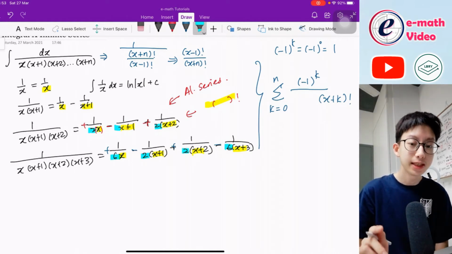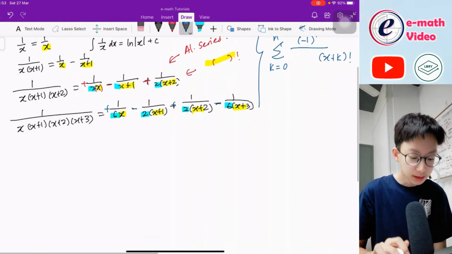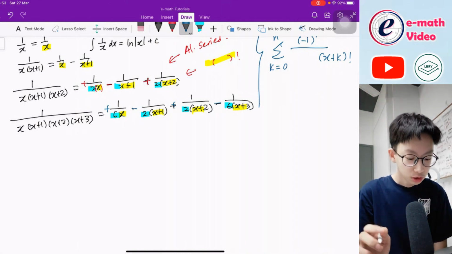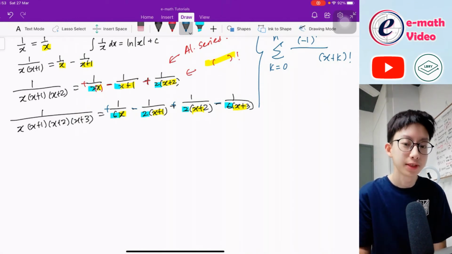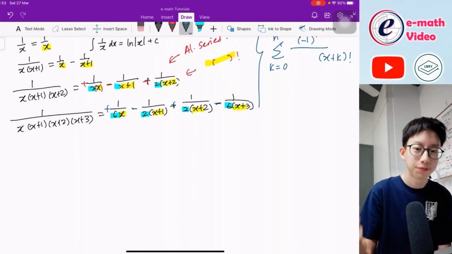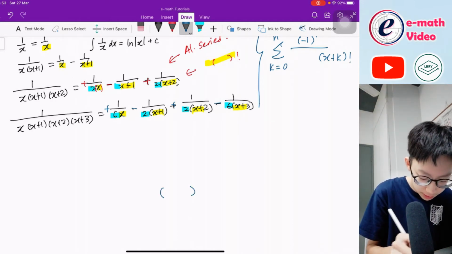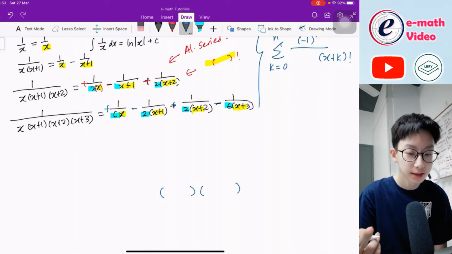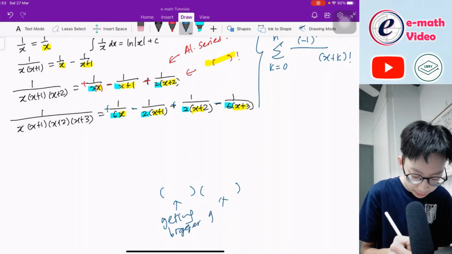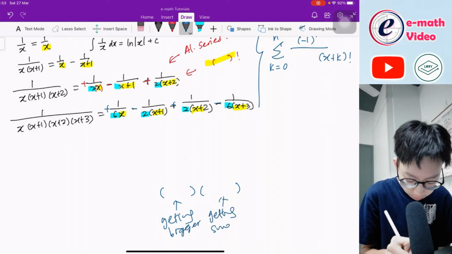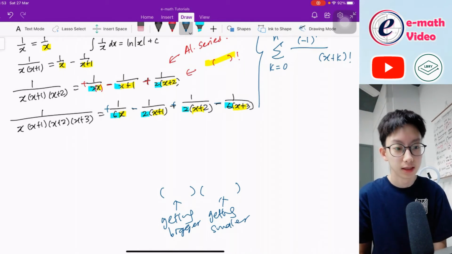So because it is symmetrical, we can maybe write the hypothesis that it is a product of two numbers, where one is getting bigger and bigger, another one is getting smaller and smaller.